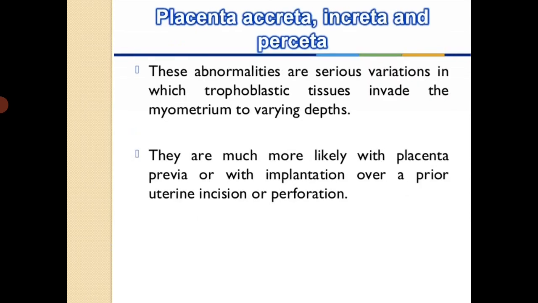Next is placenta accreta, increta and percreta. These abnormalities are a serious variation in which trophoblastic tissue invades the myometrium to varying depths. They are much more likely with placenta previa or with implantation over a prior uterine incision or perforation.